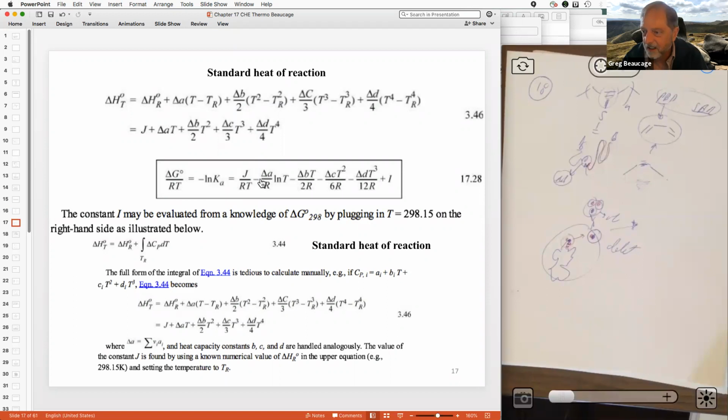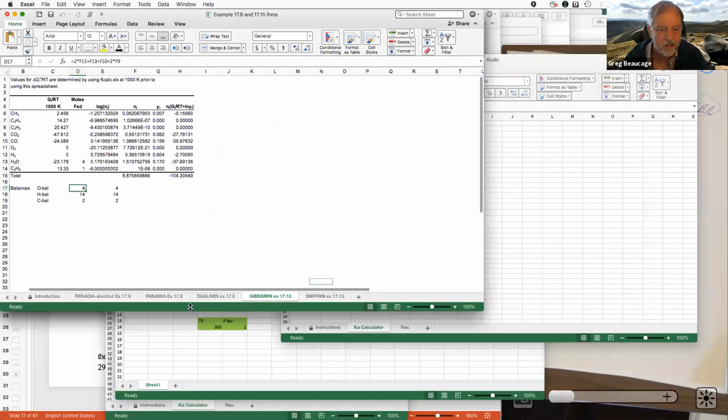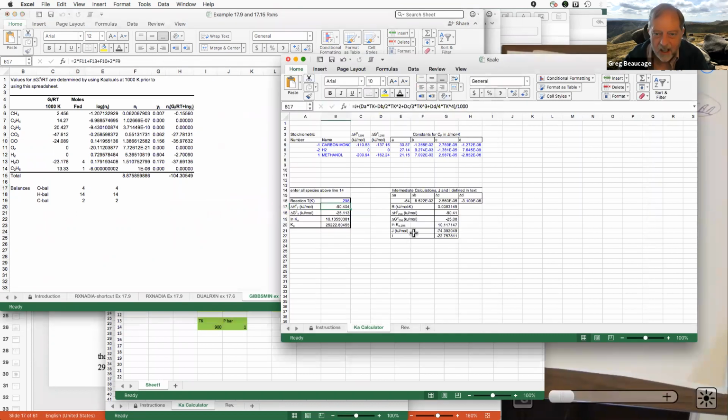So there's just a KCalc spreadsheet in here in Excel. KCalc just does those. So it has J and I down here, and then it's got the reaction temperature, 298. You can change that to the temperature that you want, and then it goes through that calculation, right?